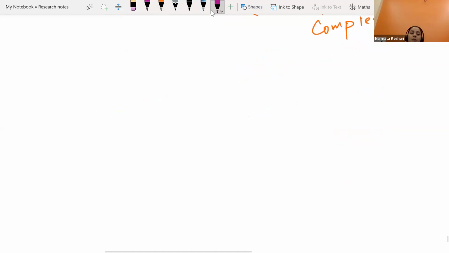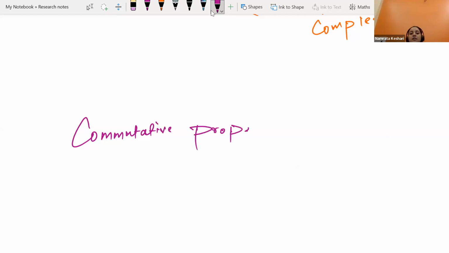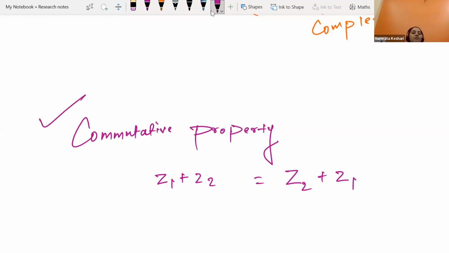The next property is the commutative property. You must have heard this name. With respect to addition, it says that z1 plus z2 and z2 plus z1 are the same thing. Whatever way you do, you will get the same answer. At the end we simplify real part with real part and imaginary part with imaginary part, and that's what the commutative property also says.